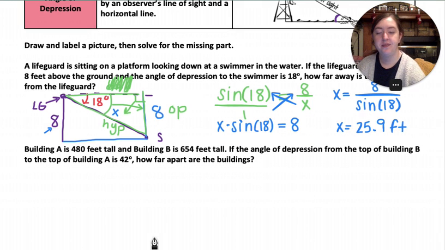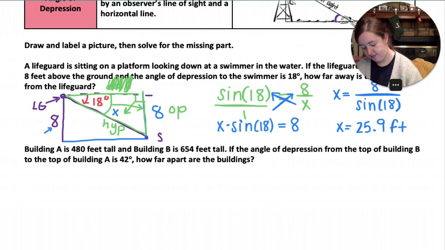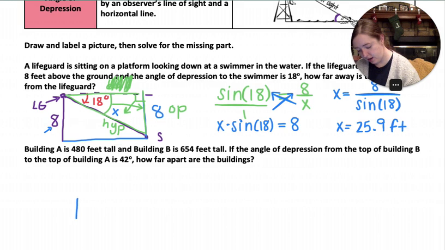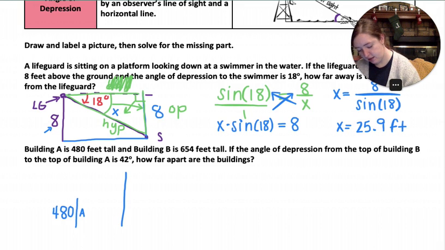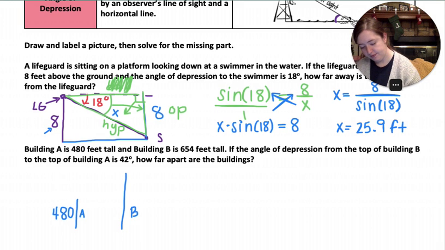Good deal. Building A is 480 feet tall. Here's building A. Then there's building B, and he is 654 feet tall.